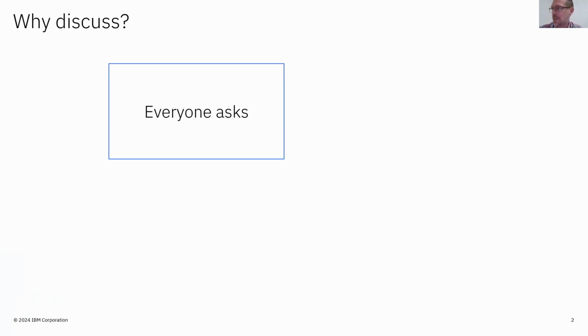Everyone is trying to figure out where to place Kafka, which has been around for quite a while. Lots of people obviously have MQ. Customers with MQ look at Kafka and try to establish whether they should use Kafka and replace MQ.